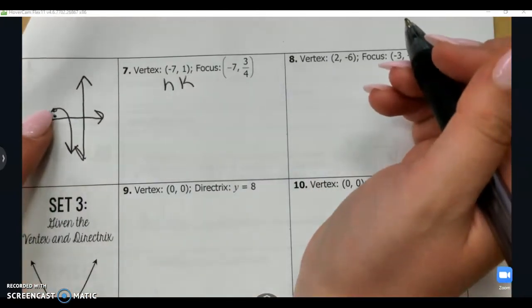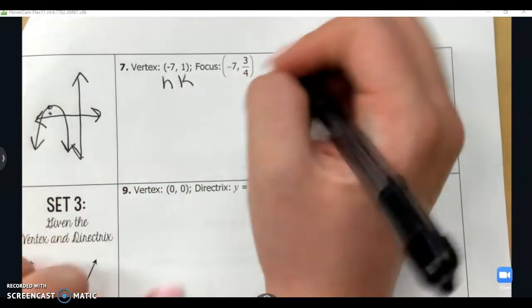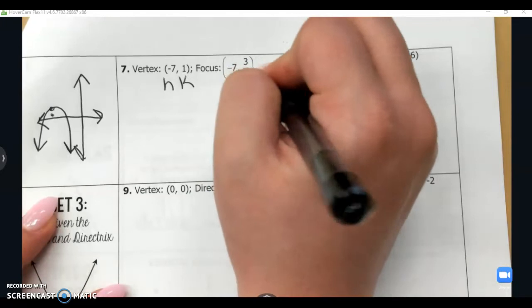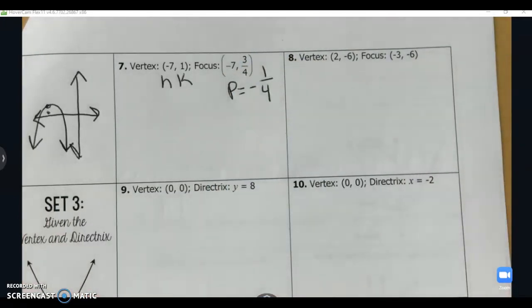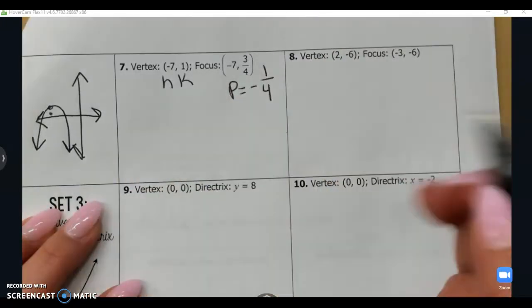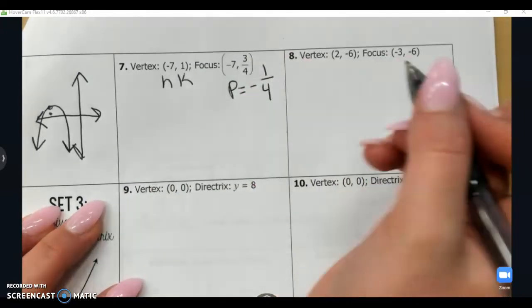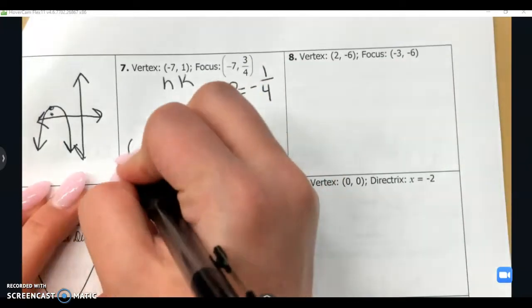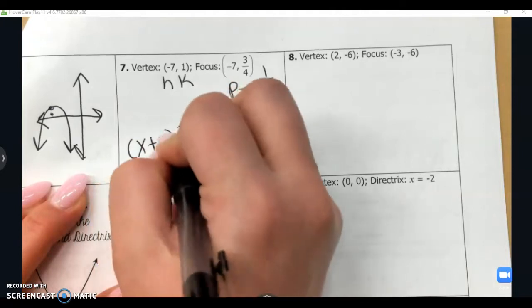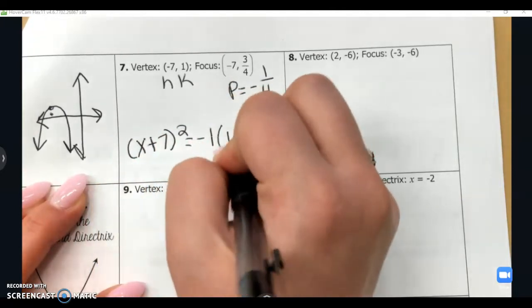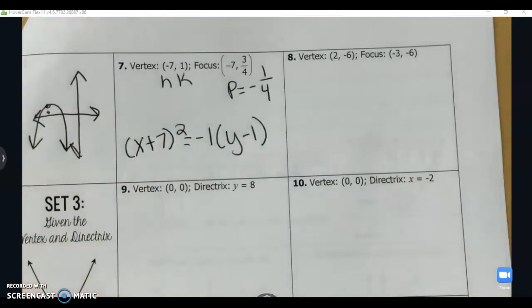And the distance here between the focus and the vertex from 1 to 3/4 is 1/4. And it's open down, which means it's going to be negative. So again, HK, vertical parabola, open down. P is -1/4. That's going to give us x plus 7 squared equals -1 times y minus 1.